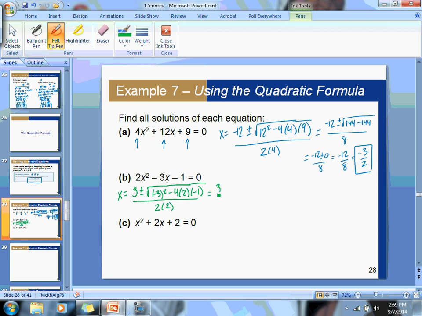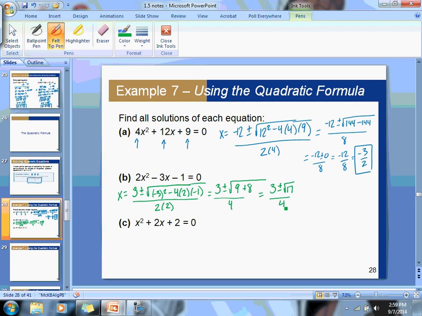So I'm going to simplify inside my radical again, kind of like order of operations. 3 squared is going to be 9. And then you can think of this as 4 times 2 times negative 1 and then subtract them. Or think of it as negative 4 times 2 times negative 1. Either way, we're going to get a positive 8, all over 4. So that's going to be 3 plus or minus the square root of 17 all over 4.